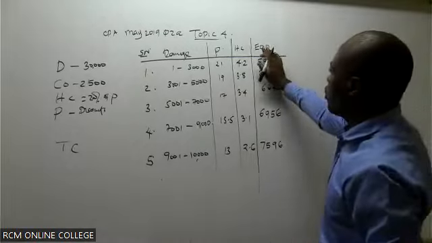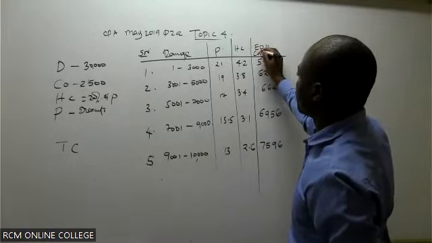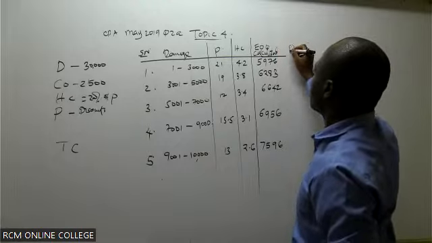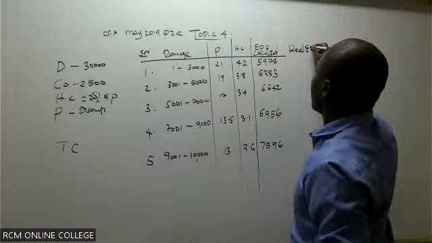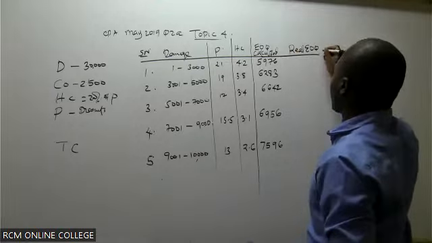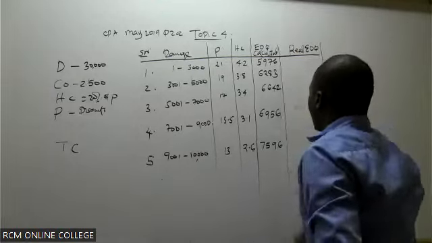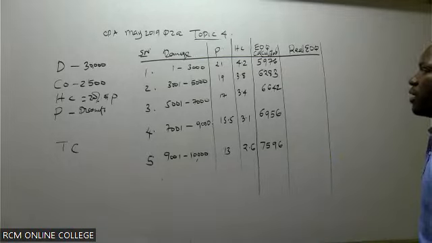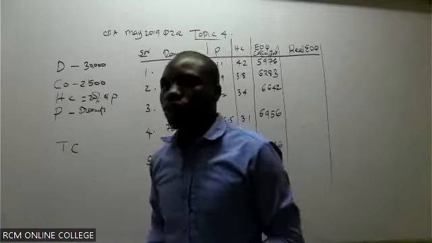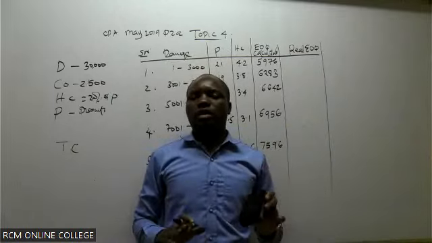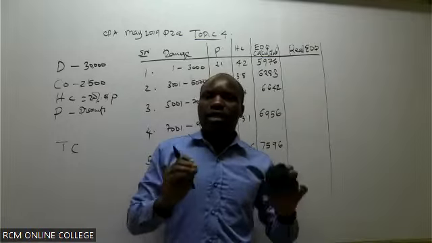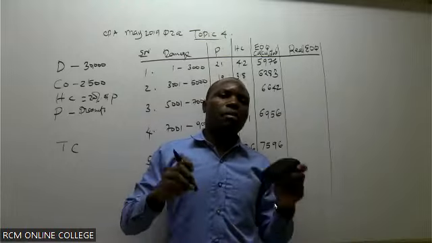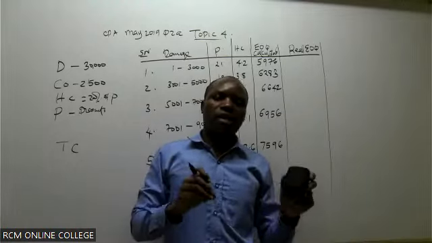Now, this is the economic order quantity calculated. So you want to look for the real economic order quantity. You should not order anything below the calculated economic order quantity, but you are allowed to order above the economic order quantity.